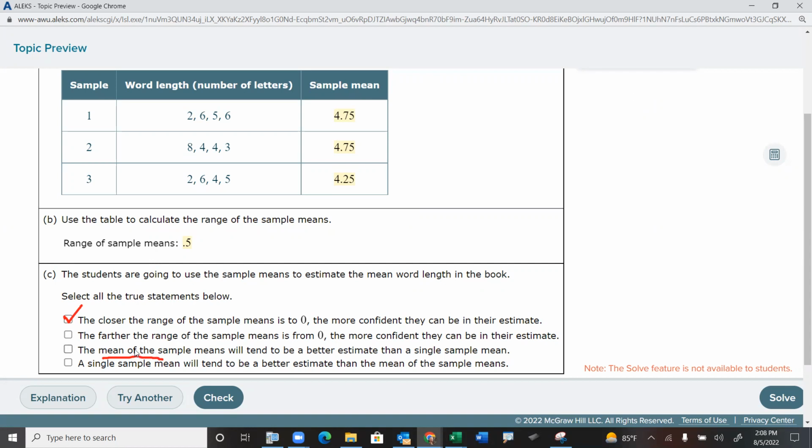So yeah, the mean of the sample means will tend to be a better estimate than a single sample mean. What that signifies, I know I'm using the word mean a lot, but that's the word, is you take all the sample means and you find the mean of them.